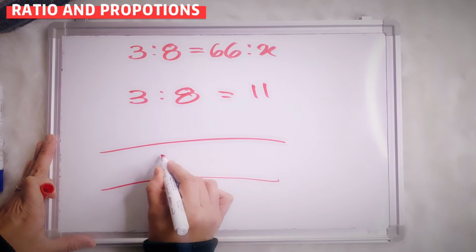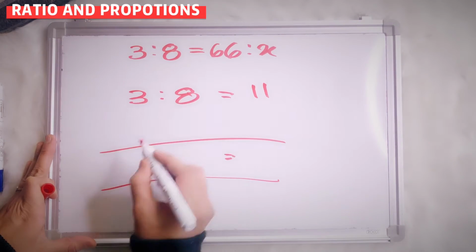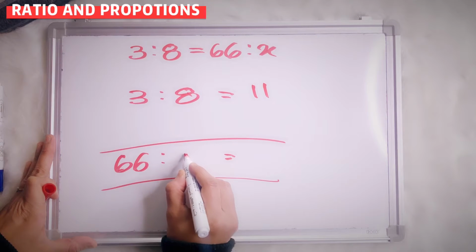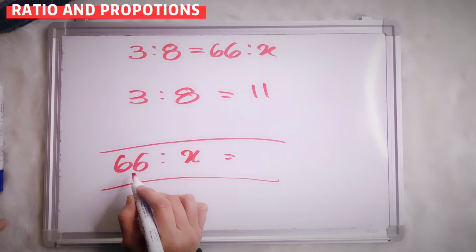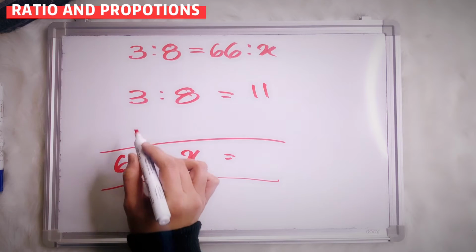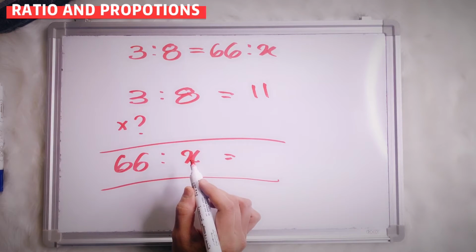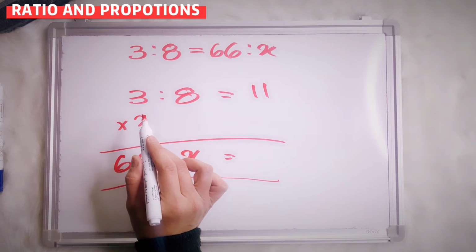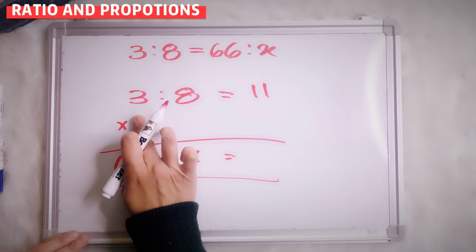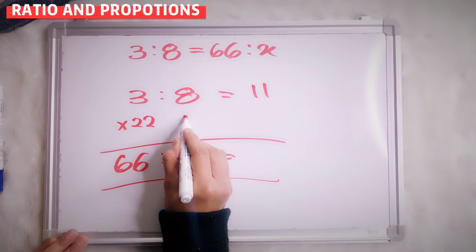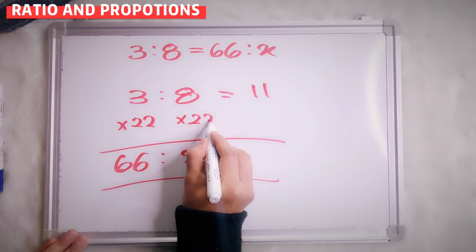So now you have 66 and x. Okay, so that means 66, you have to find here. Okay, so 66 you divide by 3, so you will have here 22. Okay, so here also you have to multiply with 22.